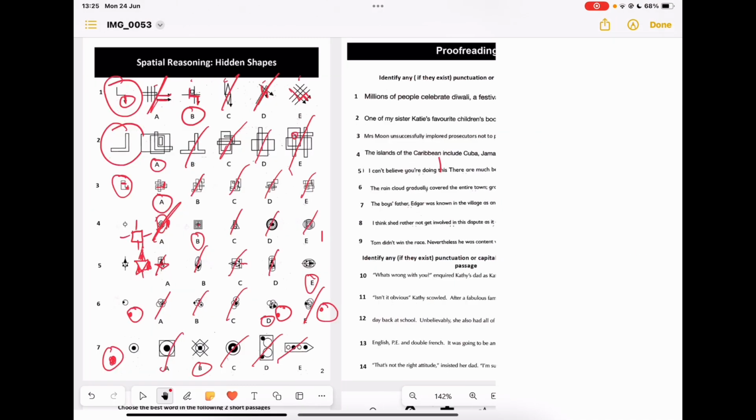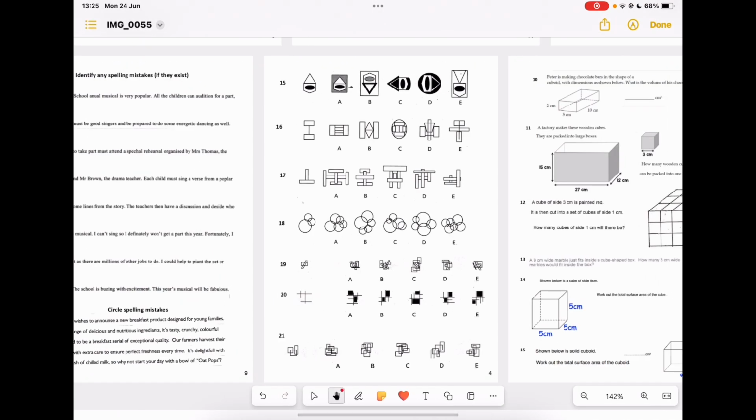Okay, next. So next is here, question 15. So we have a triangle with a pentagon at the bottom and an oval in the middle. So in A, we can see A is a very similar shape.